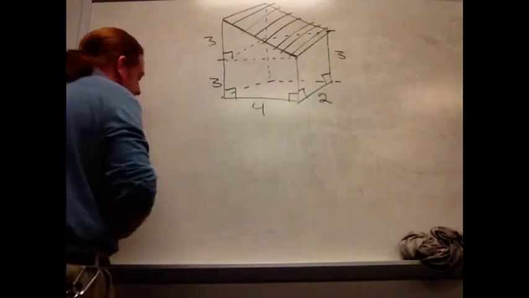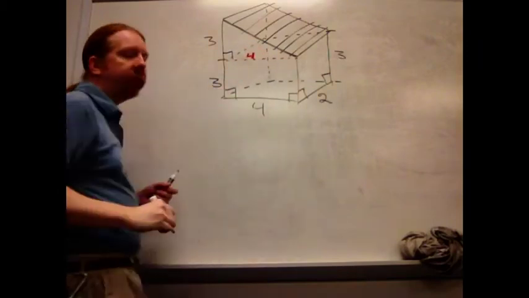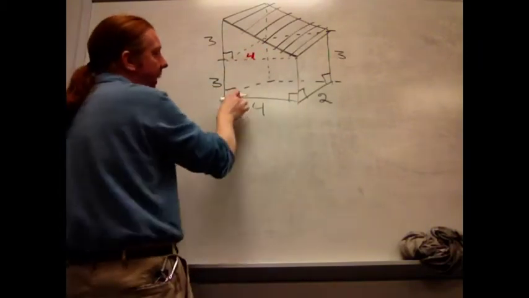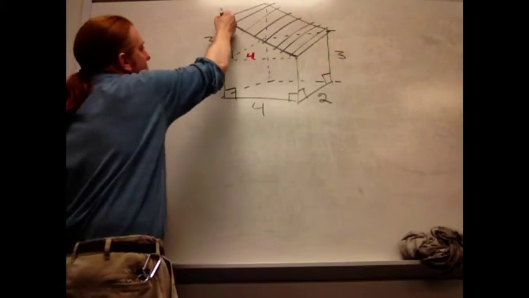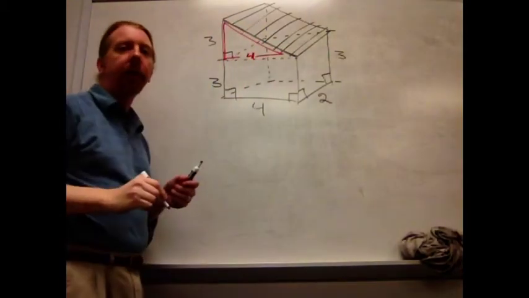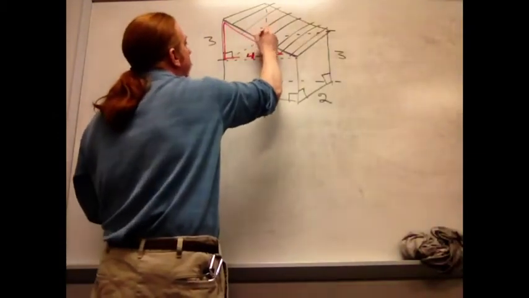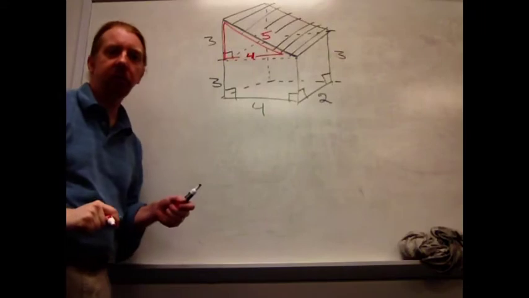Now, fortunately for me, I've already done that work. If that's 4 units there to represent the fact that this is a rectangle here, and this is 3 here, I'm looking at a right triangle, which means I know that this length along here is going to be 5 units.